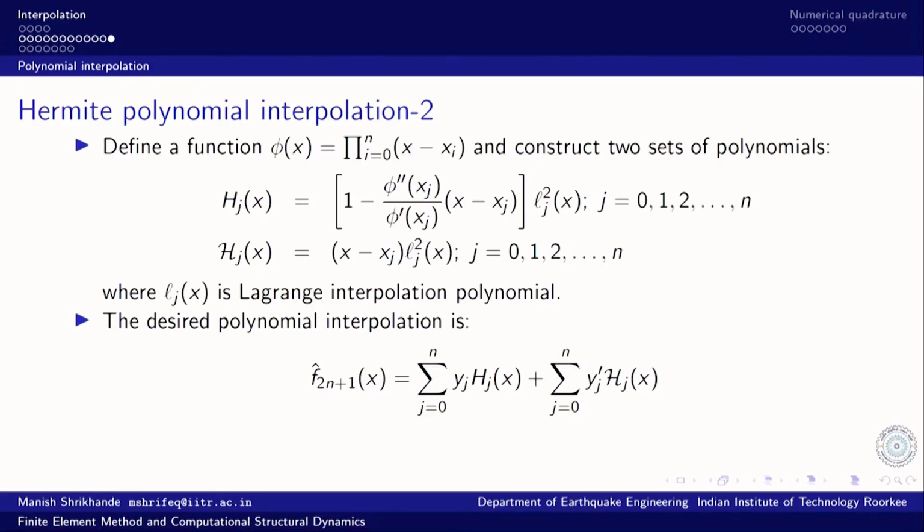Then we construct two sets of polynomials based on the derivatives and the corresponding Lagrangian interpolation, and then we can combine these to obtain the suitable polynomial interpolation as a linear combination of these two sets of polynomial functions, h and h-cap.